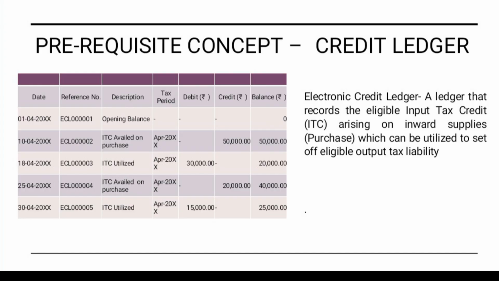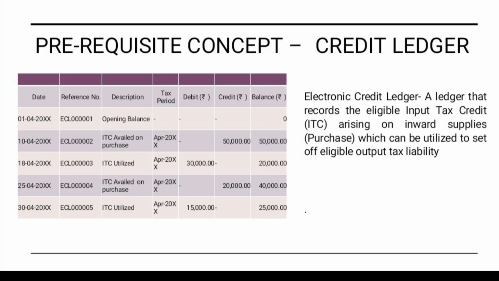What I paid to him is an input tax for me, and that input tax is credited to the ledger. ITC arises on purchase, liability arises on sales. He sells to me, he takes 180 rupees from me and he will discharge the liability to the government. Whatever liability is discharged to the government, that is an input tax credit for me and that is credited to my ledger.